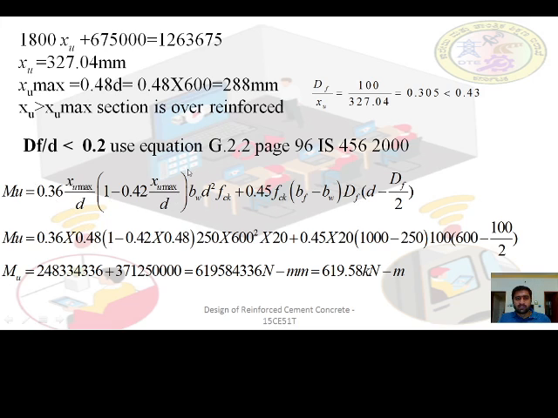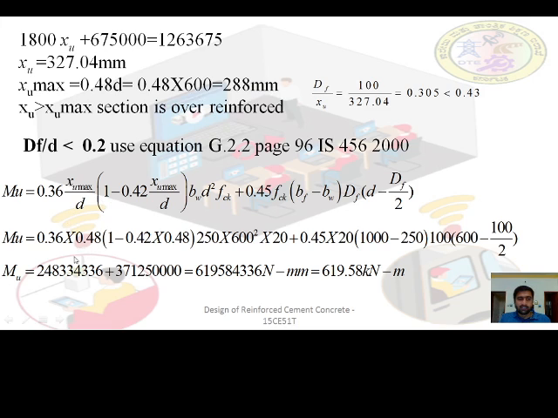Once I substitute in the formula, solve the terms. Solve the bracket terms first. From the first term, 0.36 XU max value, you have to substitute the XU max value 288 mm divided by d, which works out to be 0.48.